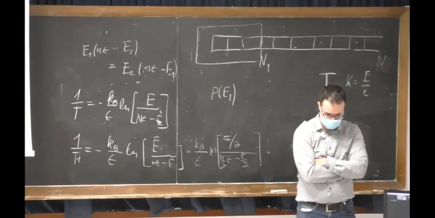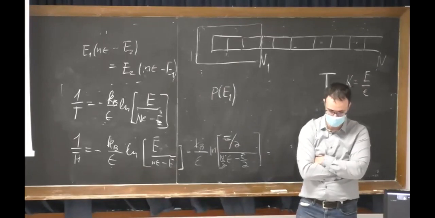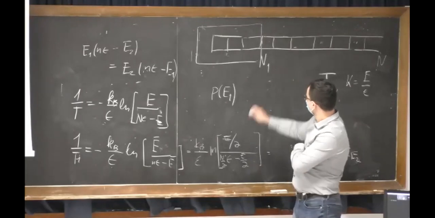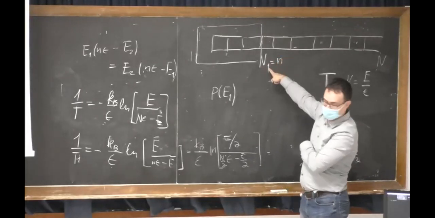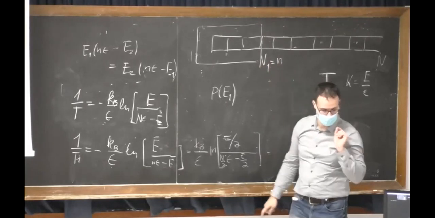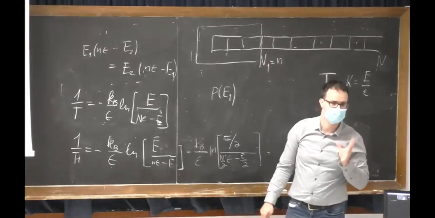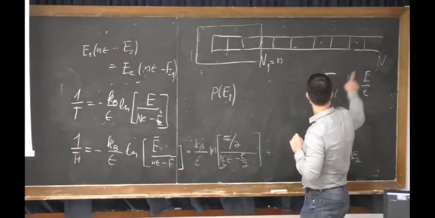Is this the same case, right? Yeah, the same case, but almost the same. I changed only the idea that now this N1 is not anymore half of the system. It's just some part of the whole system.